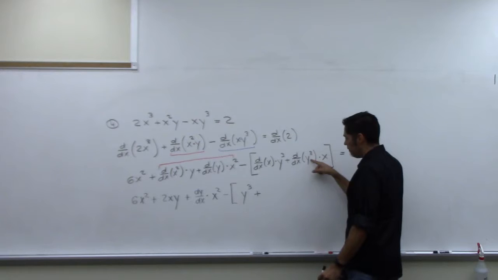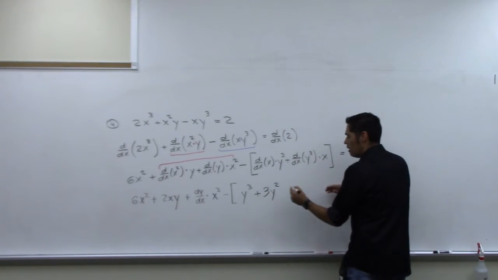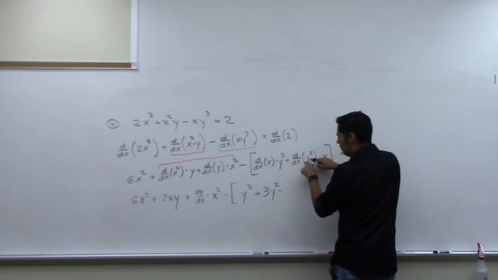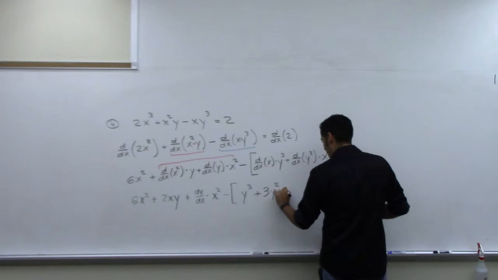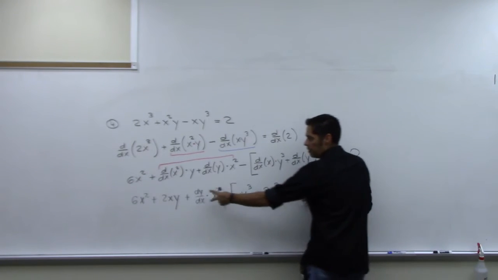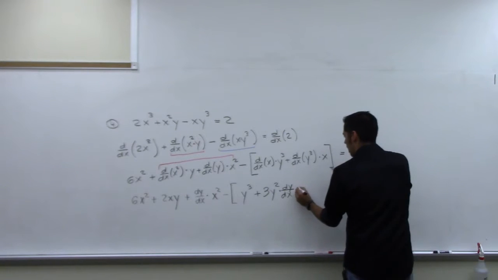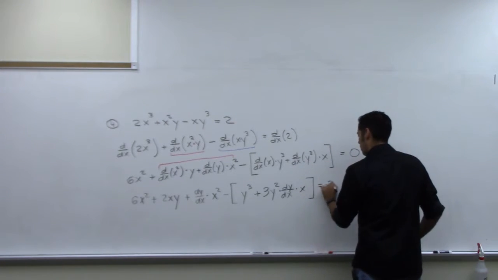So the derivative of y cubed is going to be 3y squared. That's the standard power rule. But then the chain rule says times the derivative of what was in here. And the derivative of y with respect to x is dy/dx. So what we're trying to solve for has actually appeared twice. And then I have to finish up, tack on the x next to that. Close it off, equals 0.